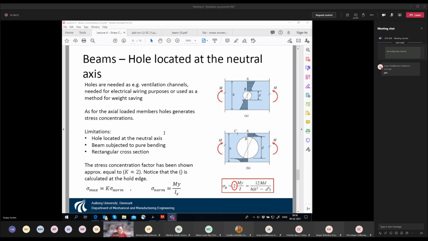More questions about it? Of course, please notice that no one expects you to discuss what's going to happen if the hole is not located at the neutral axis. That is another story, which is way more complicated. So when you prepare your answer for this question on stress concentration, just know that in all the examples we have symmetry.